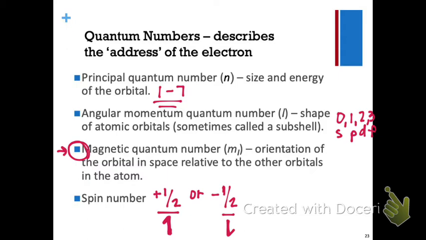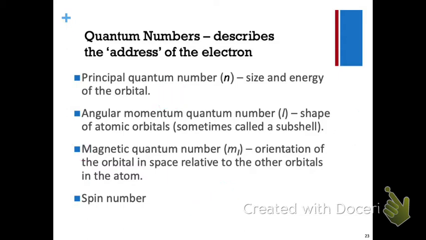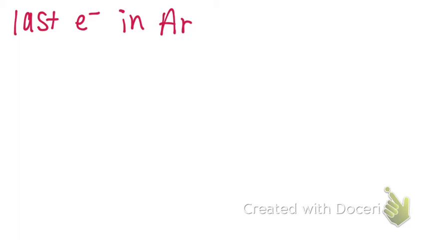Okay, let's go ahead and try one. We'll just start out with a noble gas. Let's do argon. Let's find the quantum number for the last electron in argon. The reason it's written like that is because theoretically I could find the quantum number for any electron in argon.